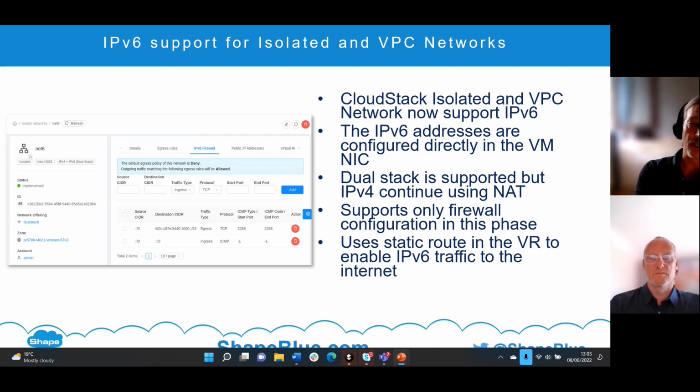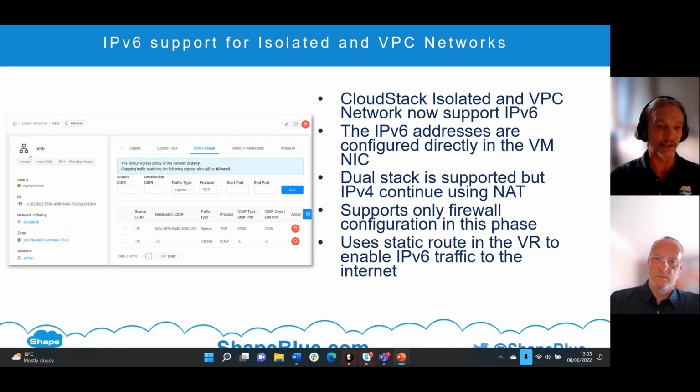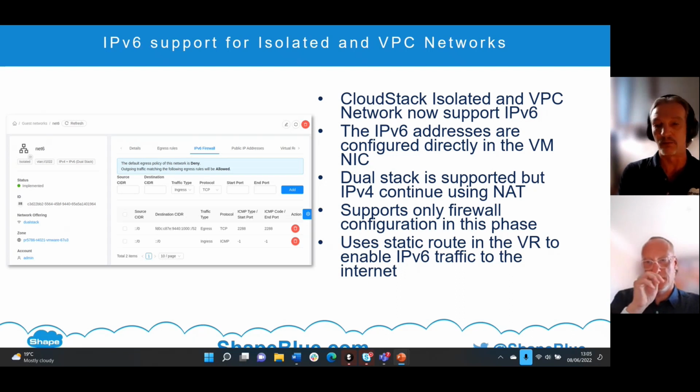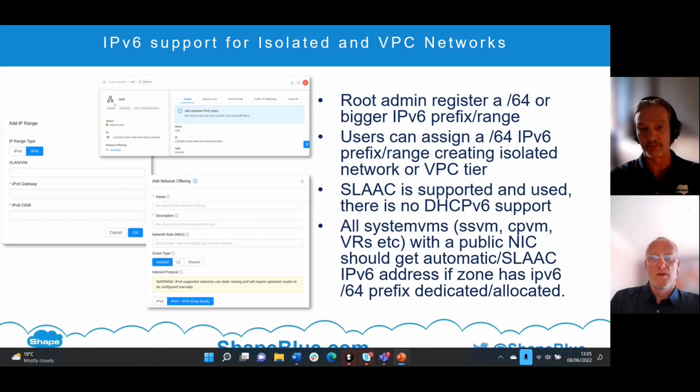It's interesting because you can continue to use IPv4 like you used before, using NAT, for example, and in this case you can use dual stack, IPv6 and IPv4 as well. The thing is, it supports only the firewall service for configuration for IPv6. The other services, I think, will be in the next phase. You can talk more about this after.